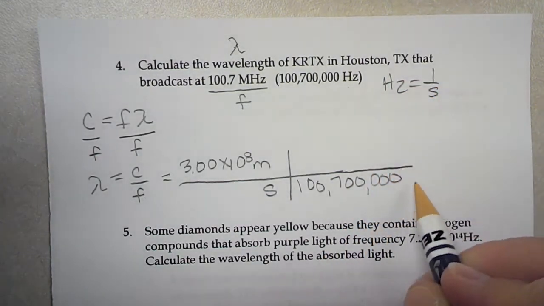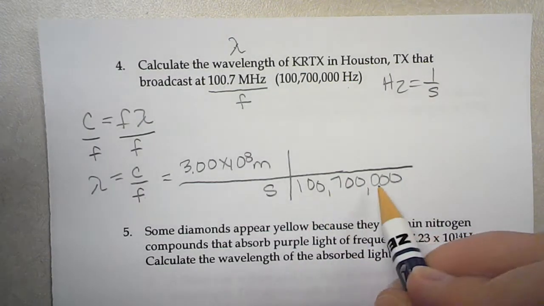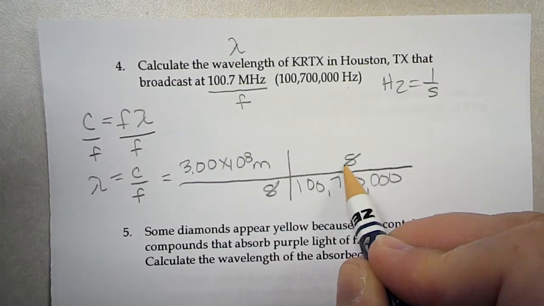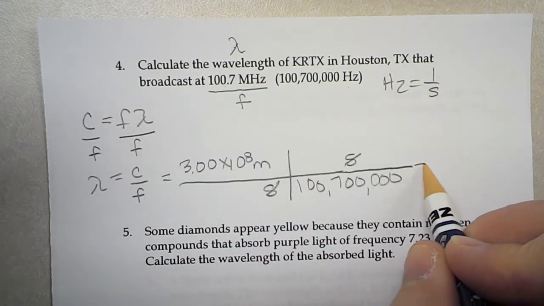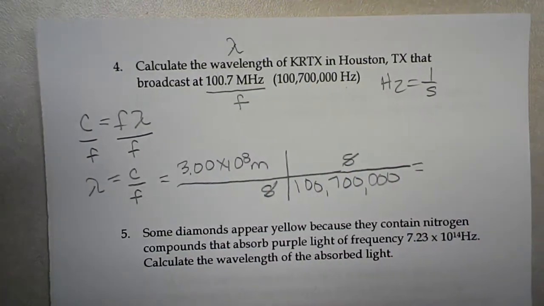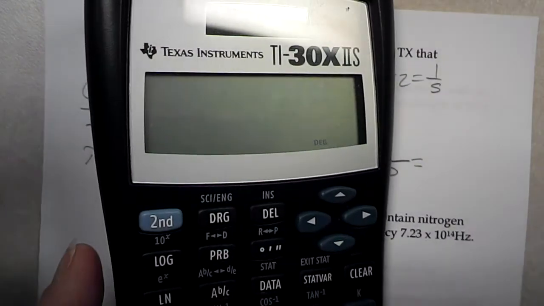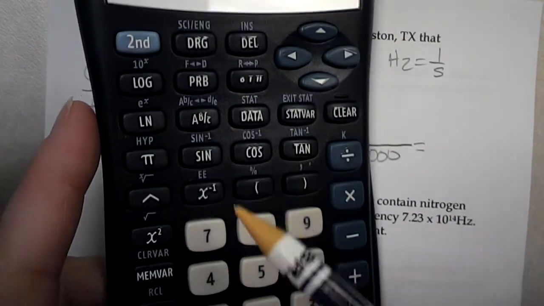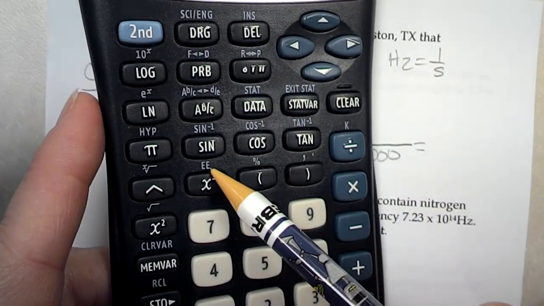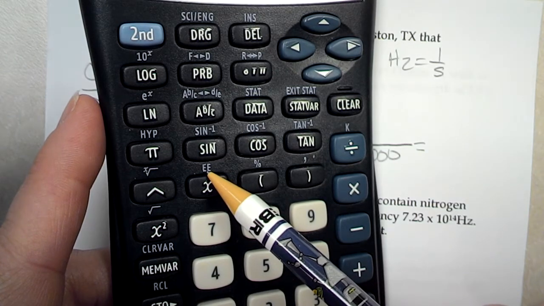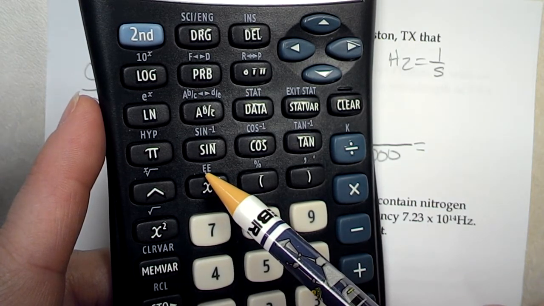So if I were to put hertz in here, it's the same thing as this number over seconds. So my seconds cancel, and I end up with meters. So when I put that in my calculator, let's just practice that for a moment. When you're using your calculator, you want to know where the EE button is right here, so that becomes very important. EE stands for everything that's not the base or the exponent, so it's times 10 to the.